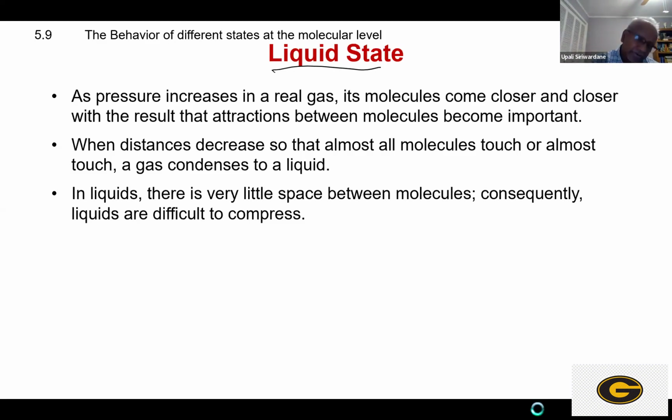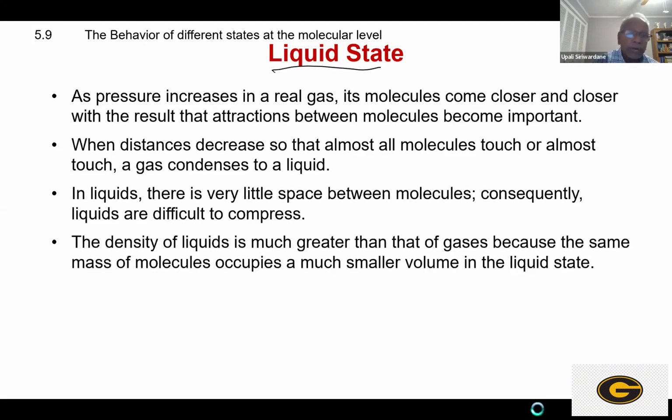Gases compress to liquids as the space between molecules decreases. The density is much higher than the gaseous state. Liquid has higher density because in a gas, molecules are in a larger volume. In a liquid, it's condensed.